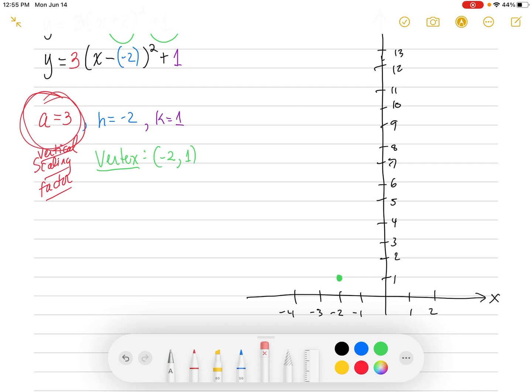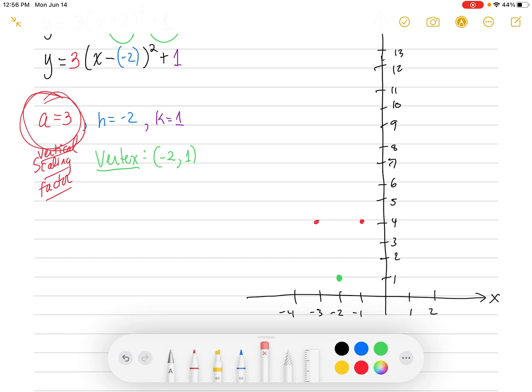Let me try that one more time. We go up 1, 2, 3, and right 1. And then normally we go up 1, left 1 for our next point on the left. So we go up 1, 2, 3, left 1. So this is taking into account the scaling factor of 3.